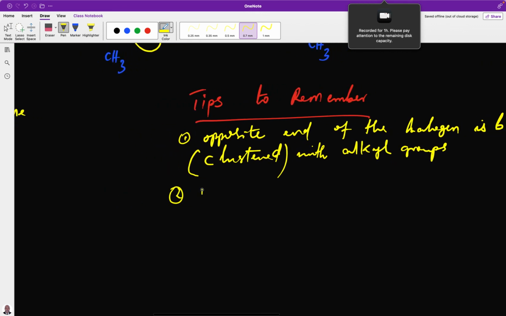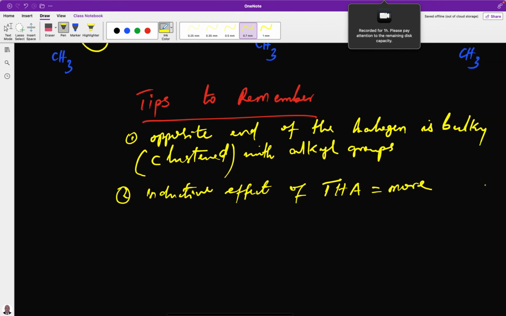Inductive effect of tertiary halogenoalkane. This one is more stable.